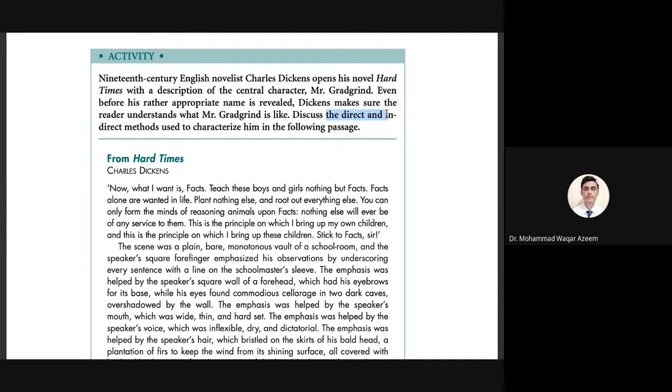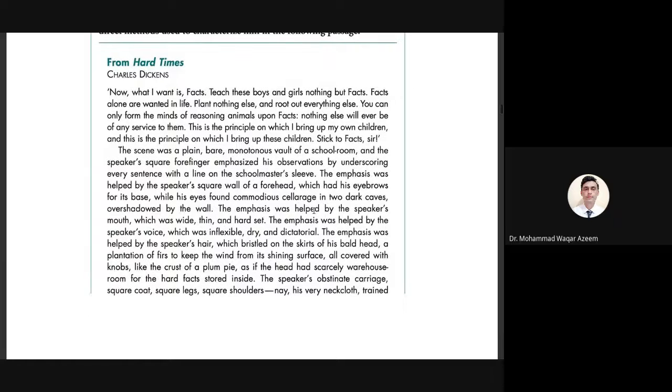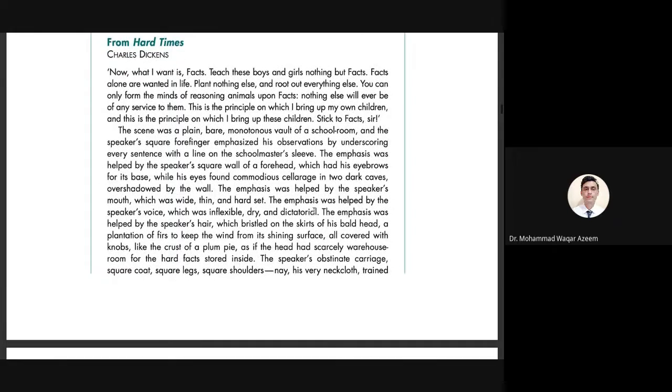What is the direct and indirect method used to characterize the character of Gradgrind in the novel? So, students, you have to respond to this question towards the end of this reading. Where does Dickens use direct method and where does he use indirect method in order to introduce the character of Gradgrind? All right, please begin the reading.